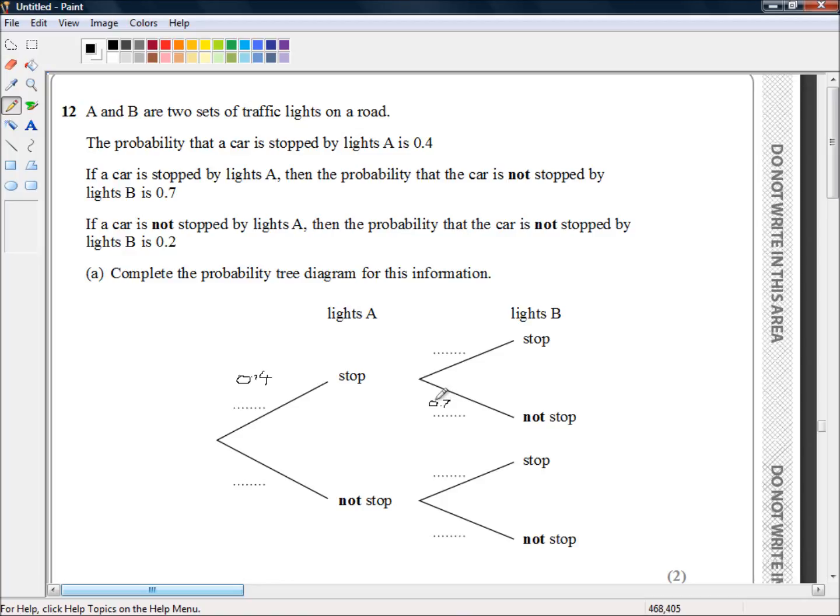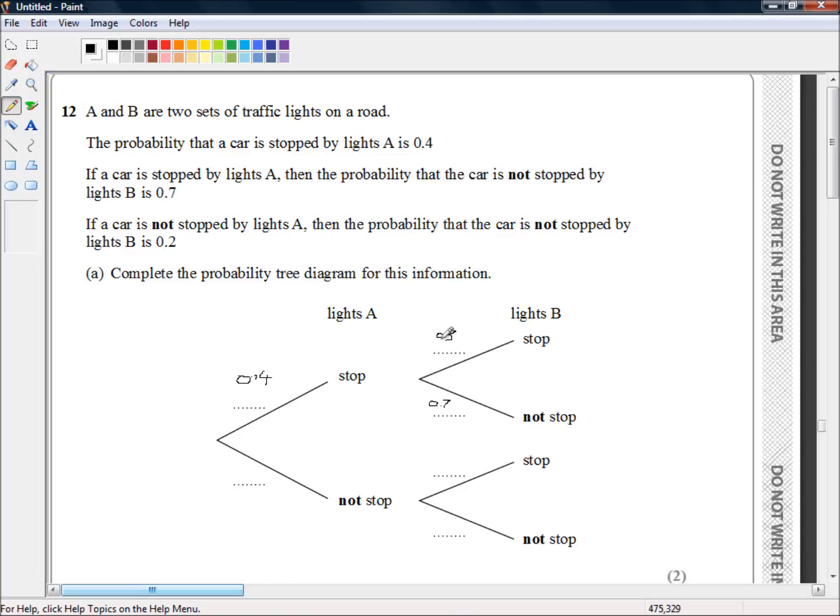So the probability that it is stopped is 1 minus 0.7, because something will either happen or it won't happen. It's an absolute certainty it will or it won't. So 0.7 plus something will make 1, and that something is 0.3, because 3 plus 7 is 10, so this is 0.3. You can use a calculator and just type 1 minus 0.7 if you want.